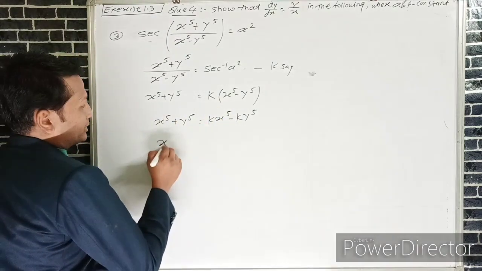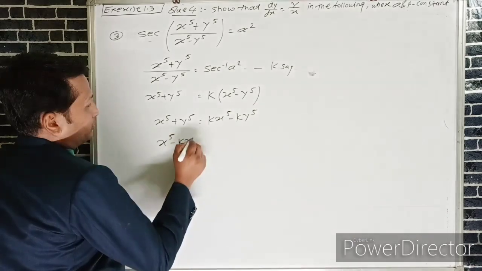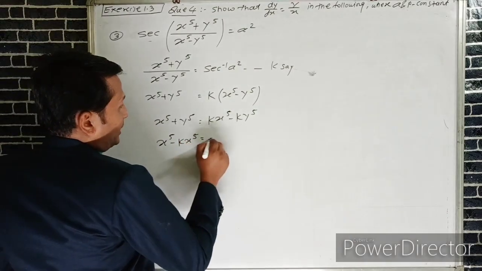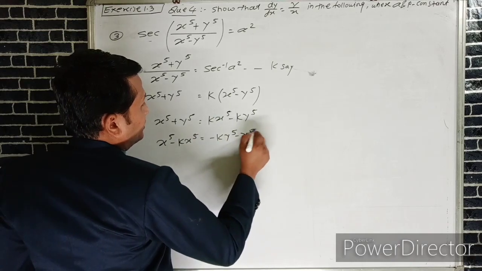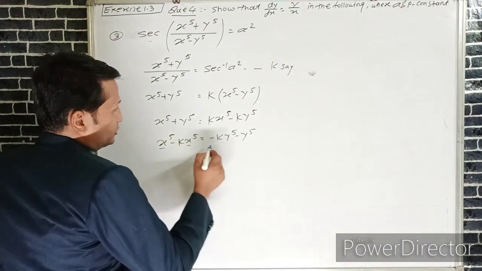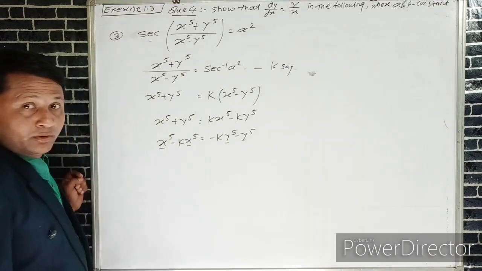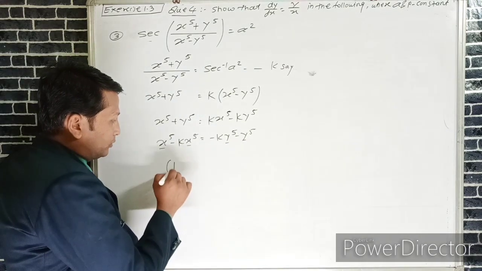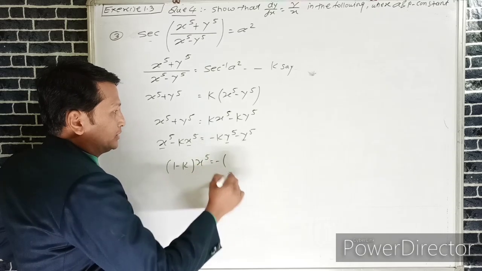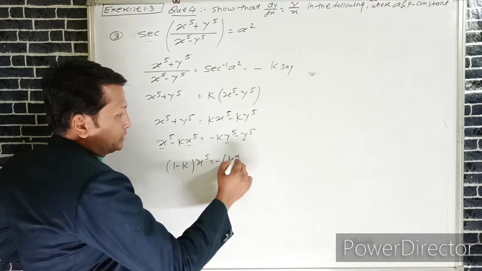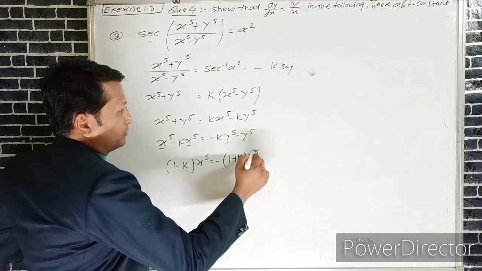We can write x raised to the power 5 minus k x raised to the power 5 is equal to k y raised to the power 5 plus y raised to the power 5. Here we take x raised to the power 5 common, here we take y raised to the power 5 common. We can write 1 minus k into x raised to the power 5 is equal to minus in bracket 1 plus k into y raised to the power 5.